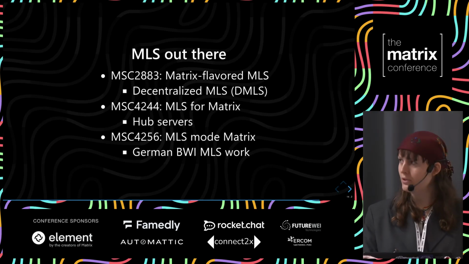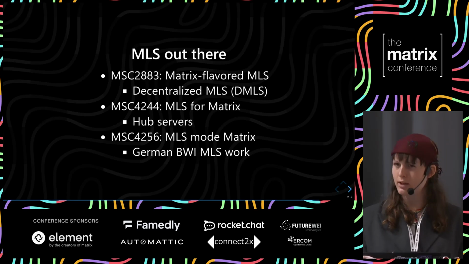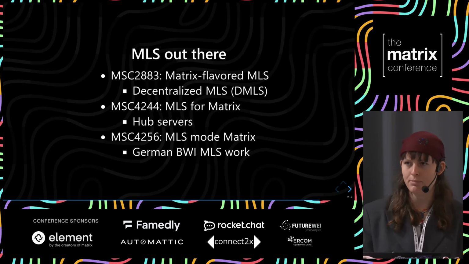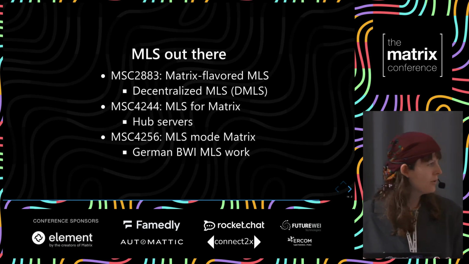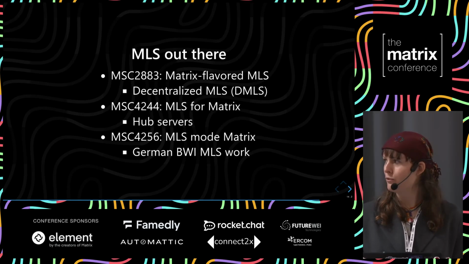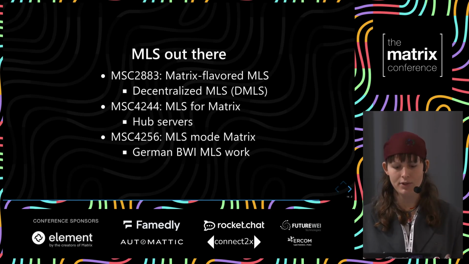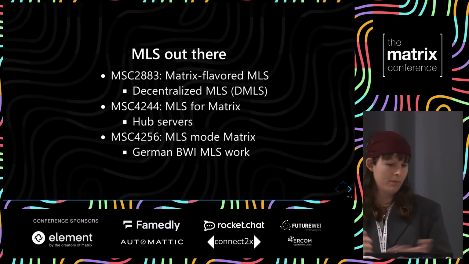The third approach was the MLS mode for Matrix, MSC 4256. That's also what's currently still being worked on. It is, for example, used by, and I can already present Nico, who's sitting there and is going to give the next talk, the BWI, the German Bundesmessenger team from the German armed forces, who are aiming to have MLS in a more decentralized approach than the previous hub servers.